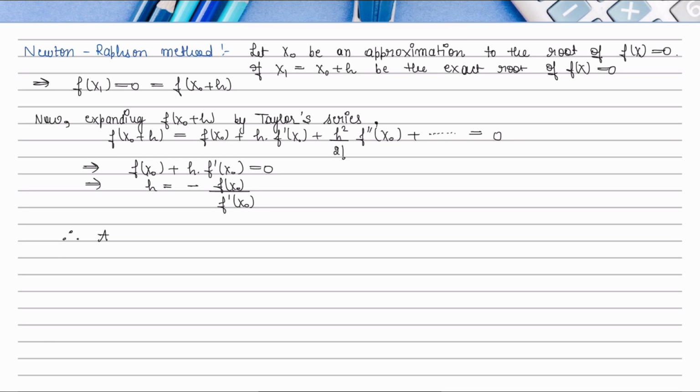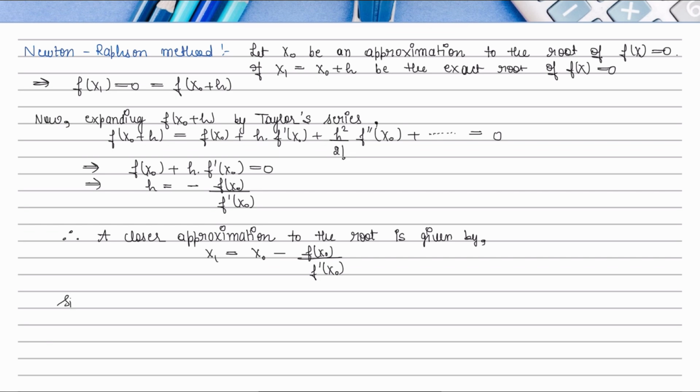Therefore, a closer approximation to the root is given by x1 is equals to x naught minus f of x naught divided by f dash x naught.